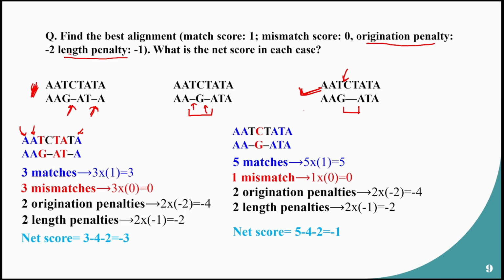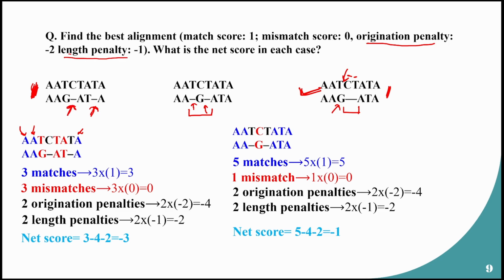So for example, if you compare the first and the last, let's say, for the last alignment case you will see that two gaps are present, of course, here and here, but those two are continuous gaps, right? So there will only be one origination penalty because the gap origin was at this position, and two length penalties. However, for the first sequence alignment, of course two gaps are present, but those two gaps have two different origins, right?